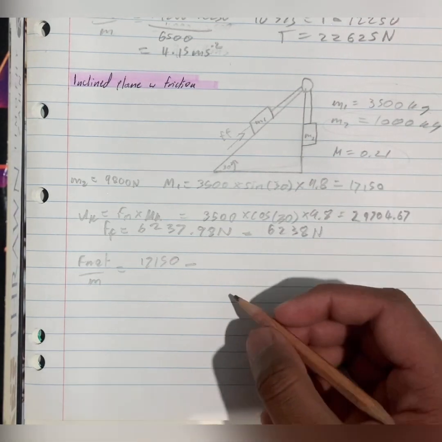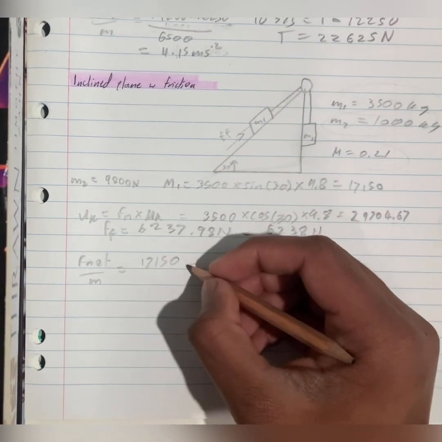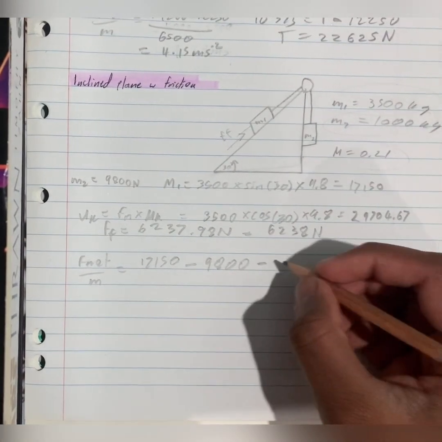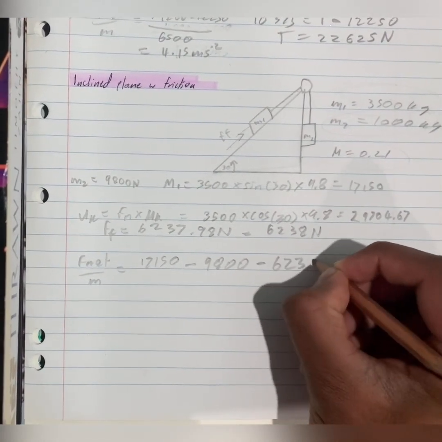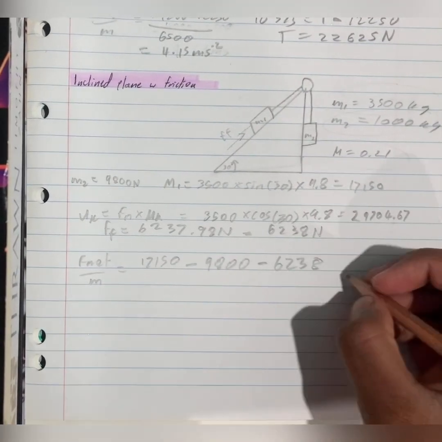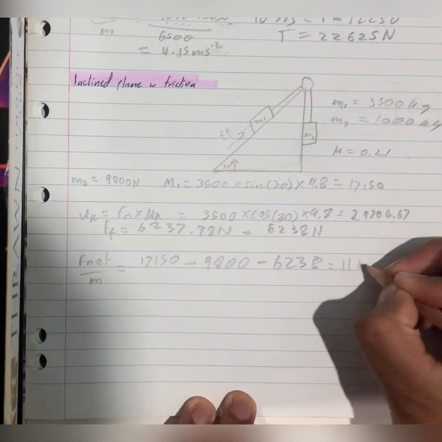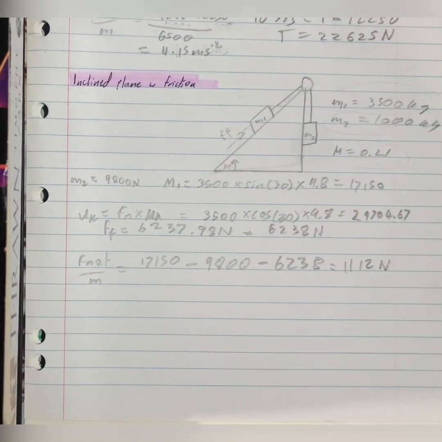So that's just 9,800 here. And we must also take away the frictional force of 6,238 newtons. What would that equal? 17,150, take away 9,800, take away 6,238. That would be a simple 1,112 newtons of force.